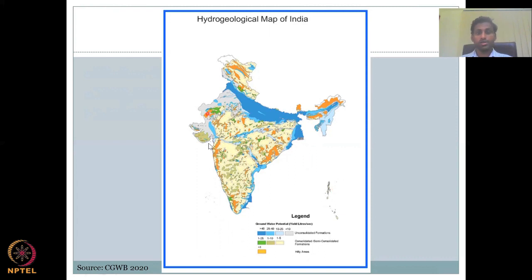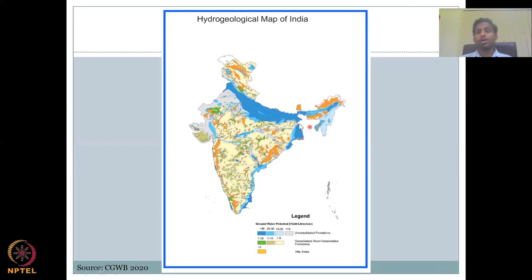Okay, so what you see here is the different types of aquifers based on the geology of India. And you could see that this part where you have unconsolidated formations or more unconfined aquifers, alluvial aquifers, you can find a lot of water. So the yield is pretty high. You see high yield in liters per second in the deep blue color.